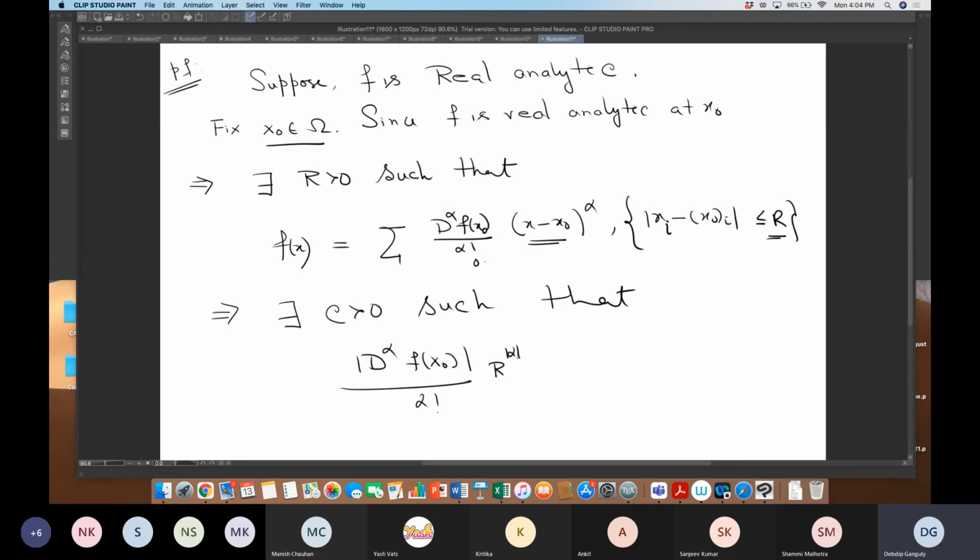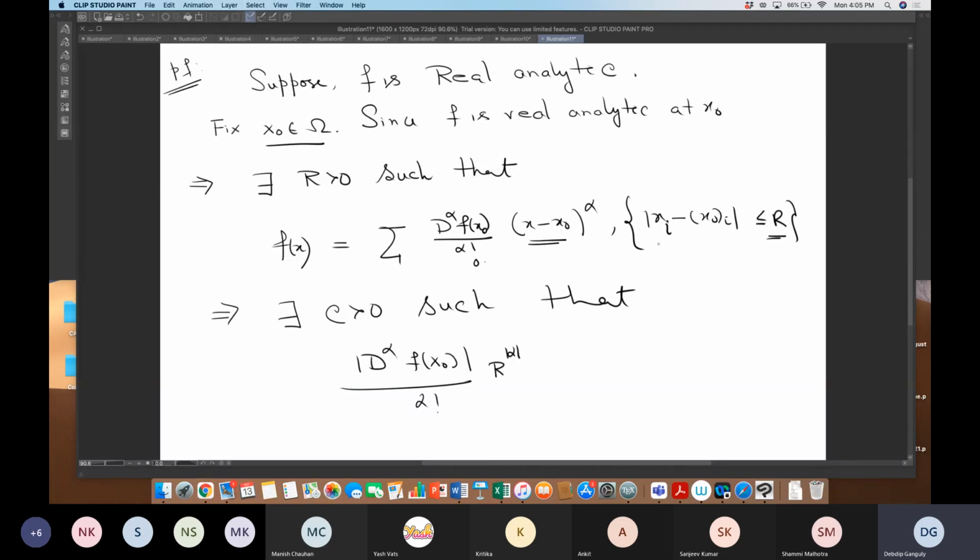Why R to the power mod alpha? Because this (x minus x naught) I can write as (x1 minus x naught 1) to the power alpha 1, (x2 minus x naught 2) to the power alpha 2, and so on up to (xn minus x naught n) to the power alpha n.